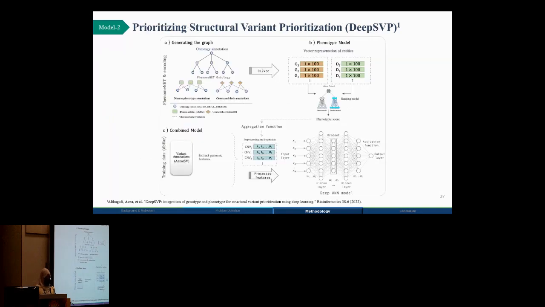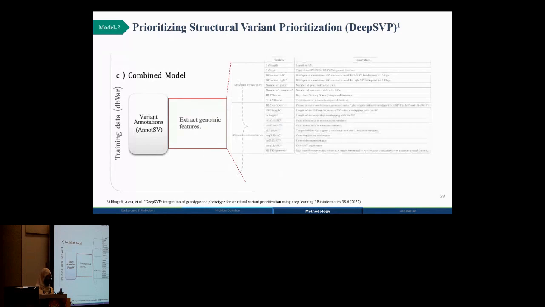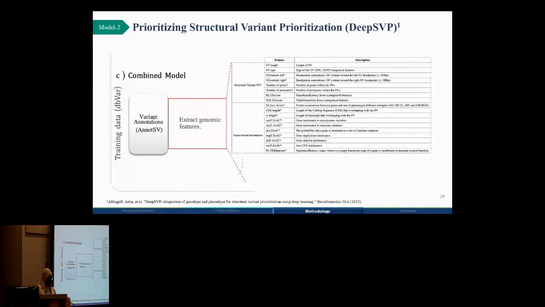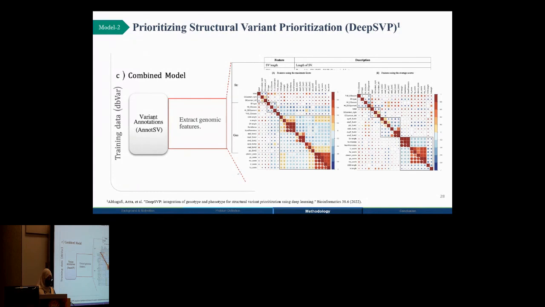And here is the general workflow for the second model, DeepSVP. Also, the first part is the same. The second part is mainly for collecting features related to the structural variants. We use different features like the structural variant type, GC content, and so on. We apply different feature selection methods to see the contributions of these features.